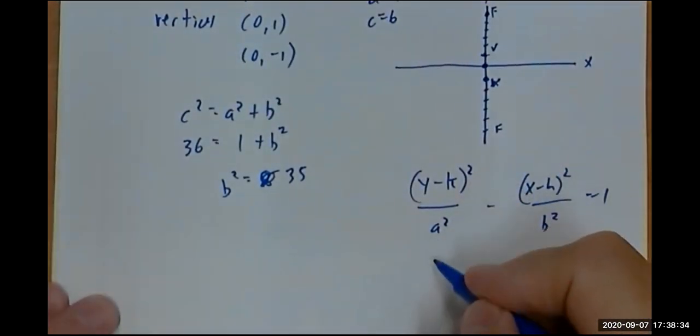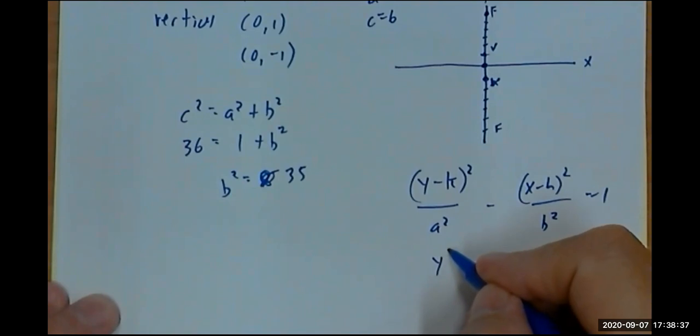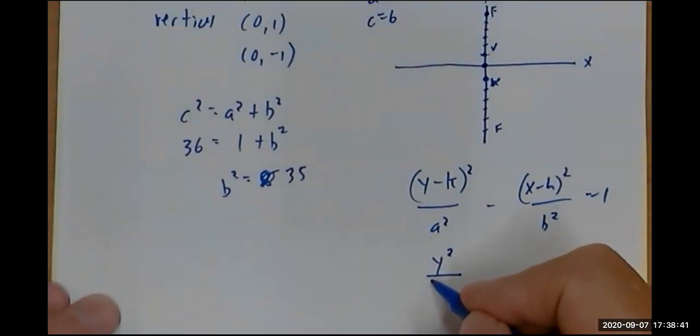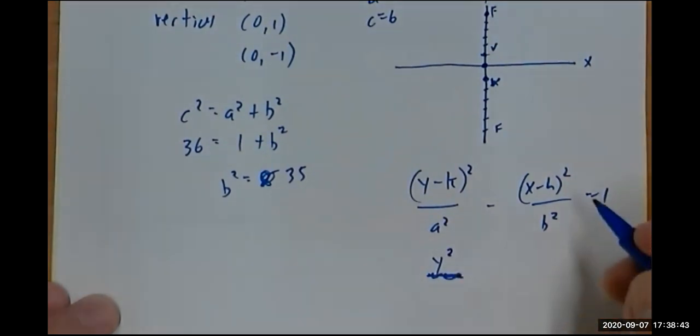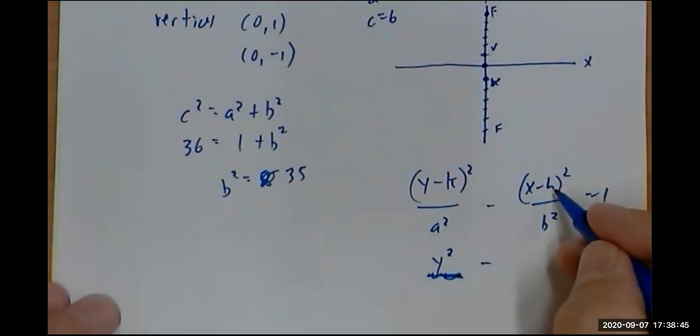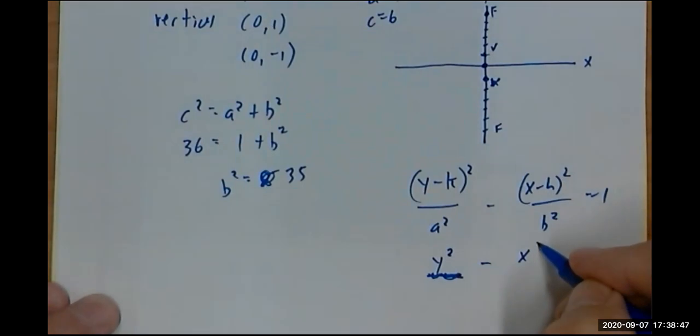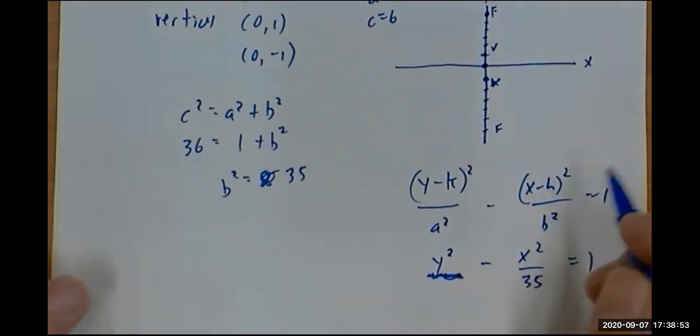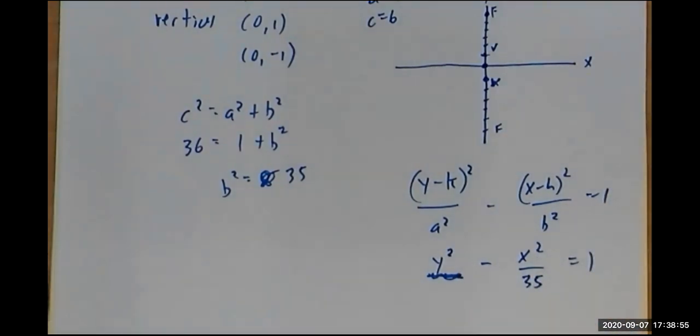H and K are 0. They're both 0. A is 1, so A squared's 1. X squared, B squared is 35. So it should be Y squared minus X squared over 35 equals 1.